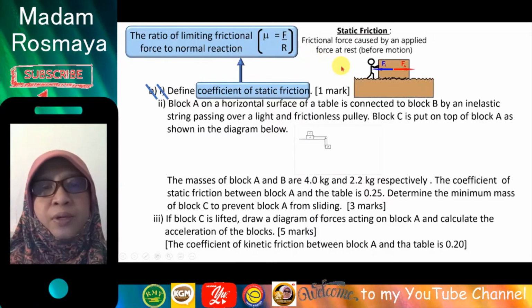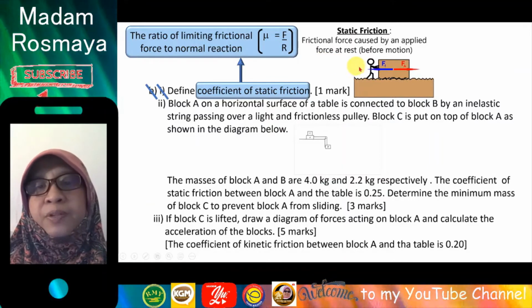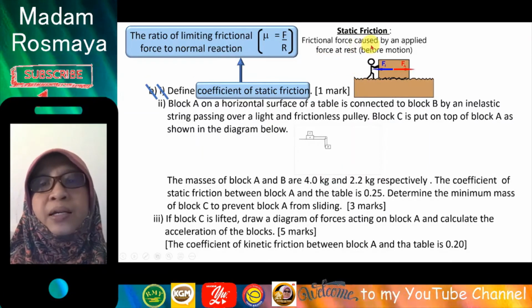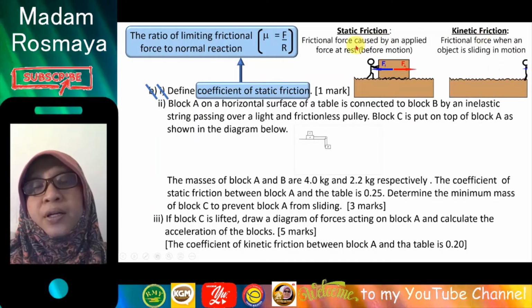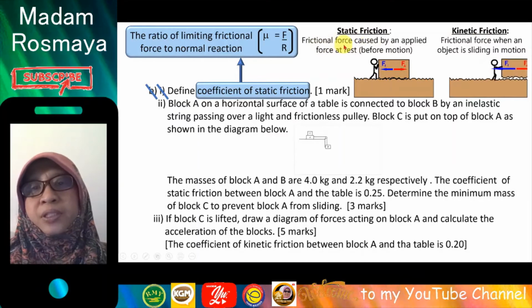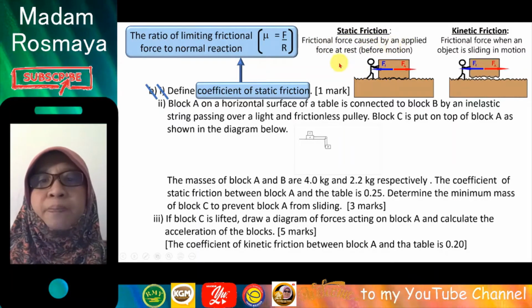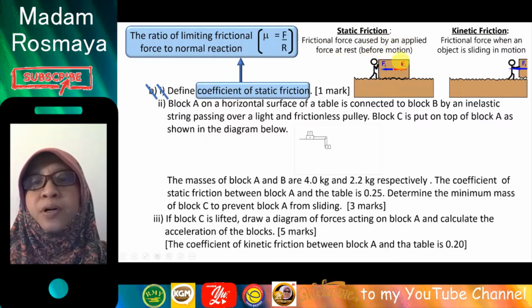Okay, so we have discussed in the previous lesson that there are two kinds of friction: static friction and kinetic friction. Static friction is the frictional force caused by an applied force at rest before motion.